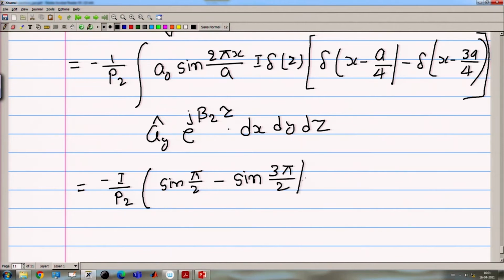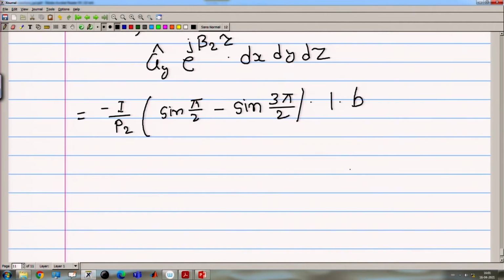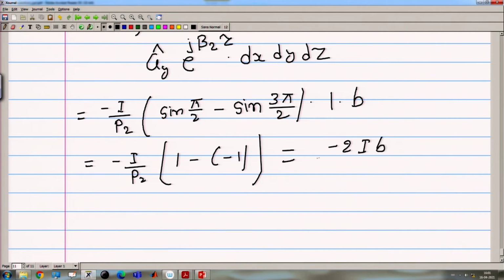On the z is equal to 0, that will be 1, and the integral will be b. So, this will be minus of 1 upon P2 times 1 minus 1. So, this will be minus of 2 b upon P2.